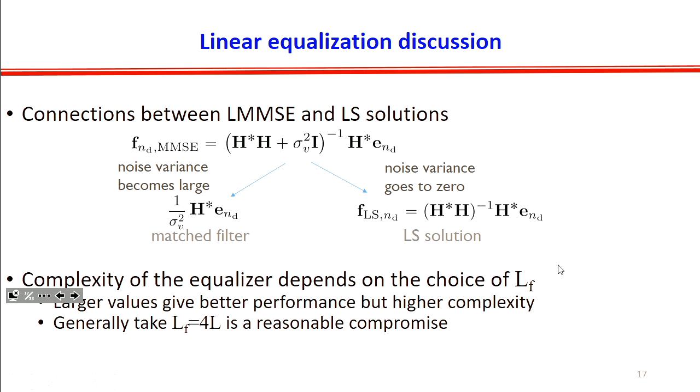That's another intuitive conclusion you can draw. To achieve a certain performance, you have to choose enough equalizer length. And with linear equalizers, it will keep improving up to a point, but then after a certain length, especially after the maximum delay spread of the channel, the effect is minimal.